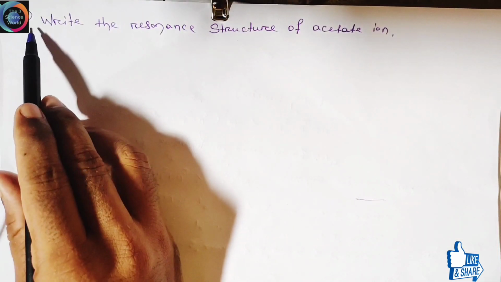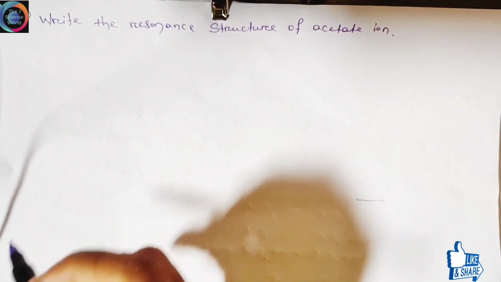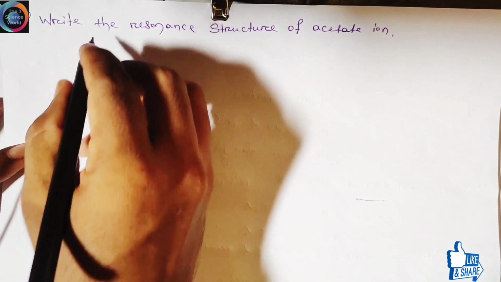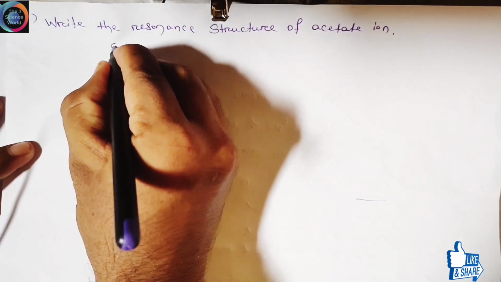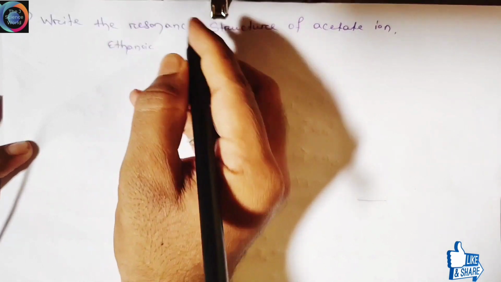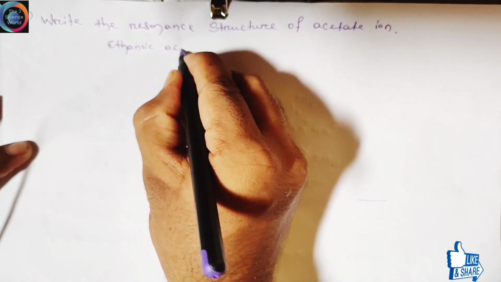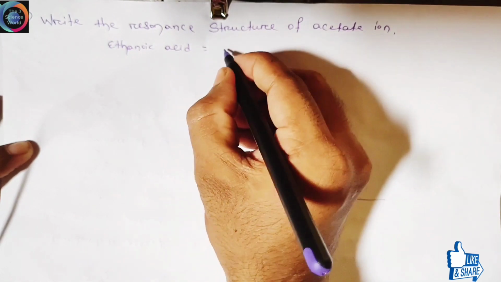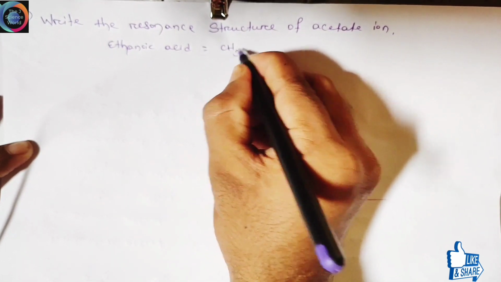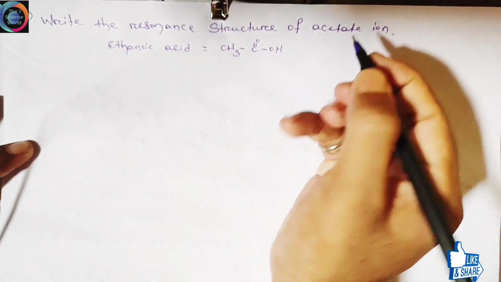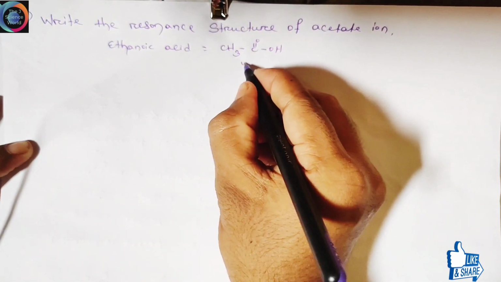Friends, the next question is, write the resonance structure of acetate ion. Friends, the structure of acetic acid, that is ethanoic acid, that is CH3, this is also called acetic acid.